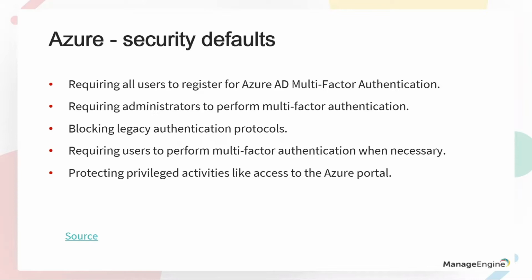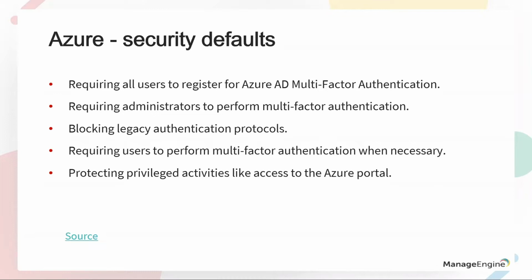So all it does is require all users to register for Azure AD multi-factor authentication, require administrators to perform multi-factor authentication, block legacy authentication protocols, require users to do MFA whenever necessary, and protect privileged identity access like the Azure portal. I'll get to that in just a quick second.